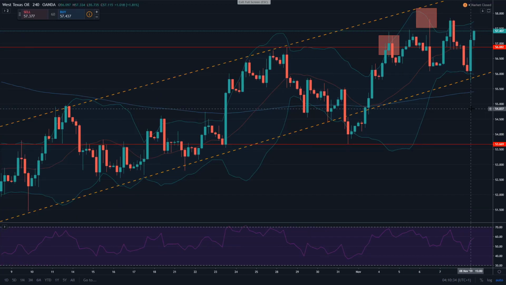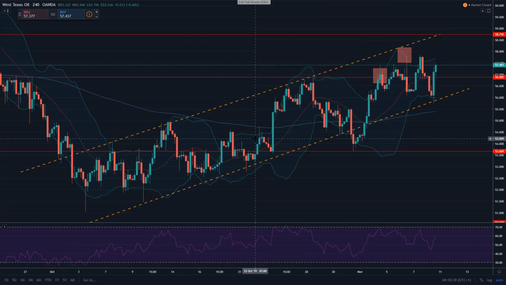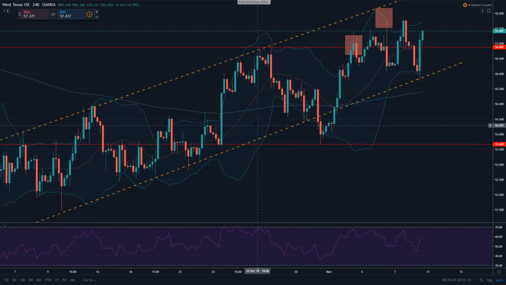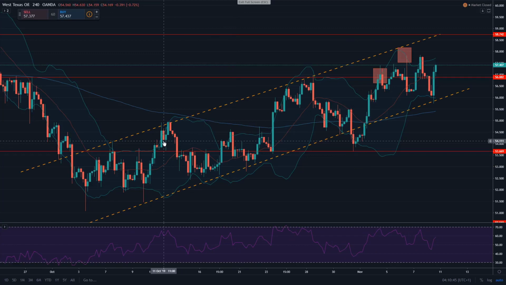Now I would like to explain to you how to trade oil. I like to use the 4 hours time frame, and another indicator I use is the 200 periods EMA, exponential moving average.